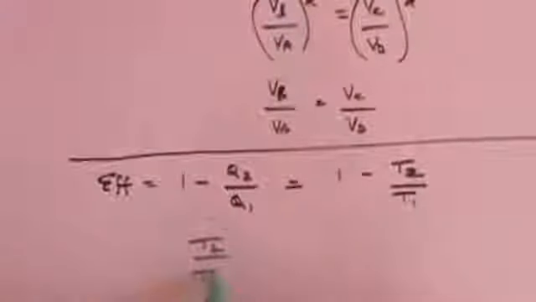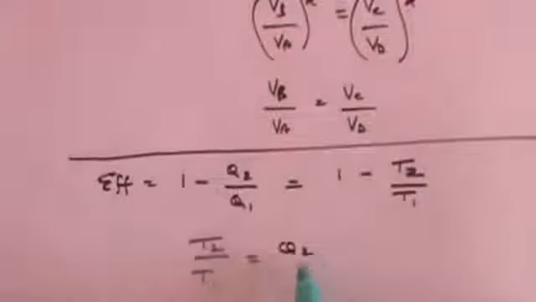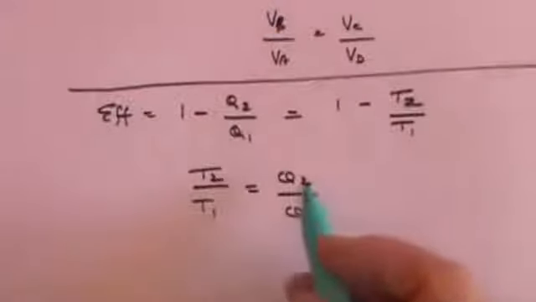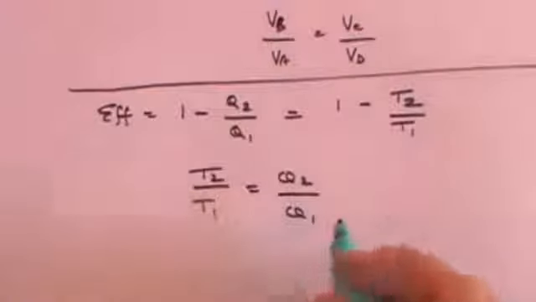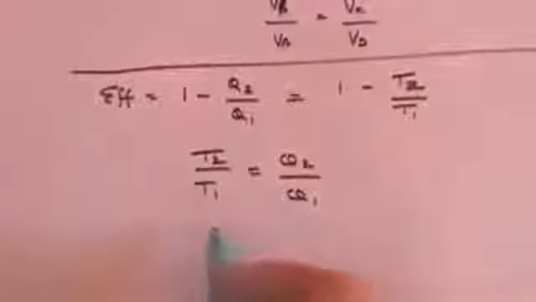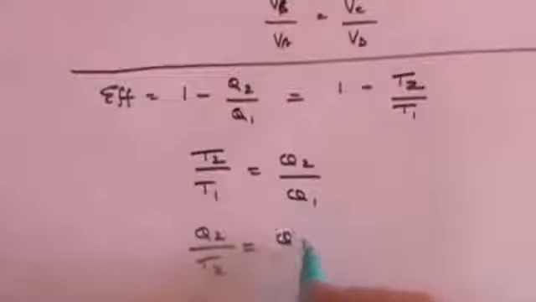T2 over T1 equals Q2 over Q1. And if you rearrange that, you get that Q2 divided by T2 is equal to Q1 over T1. Q over T is a constant.